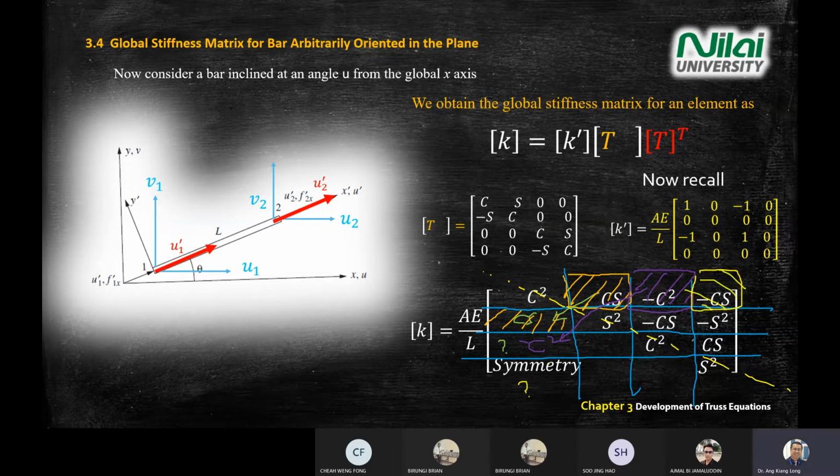Are you able to see the relationship? This one you copy here. You mirror. Okay, you understand now or not? Minus CS is here.